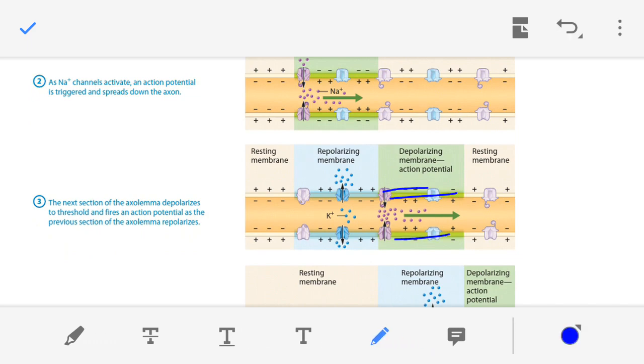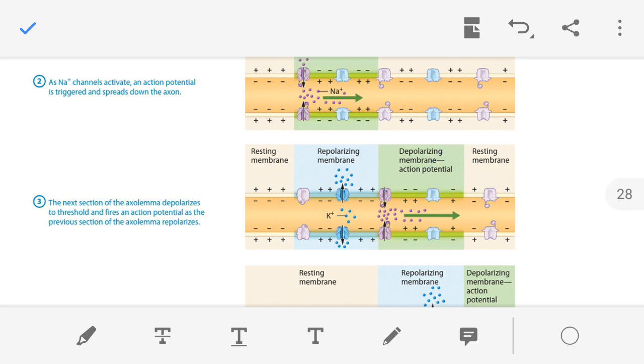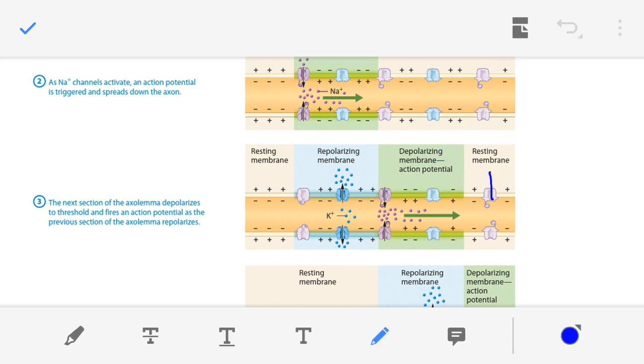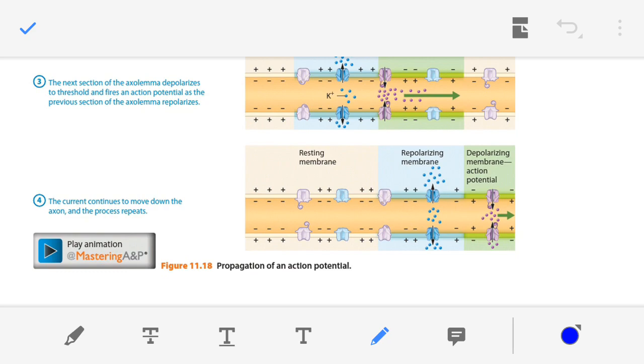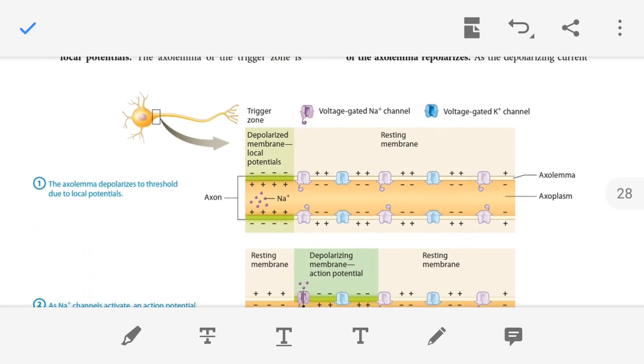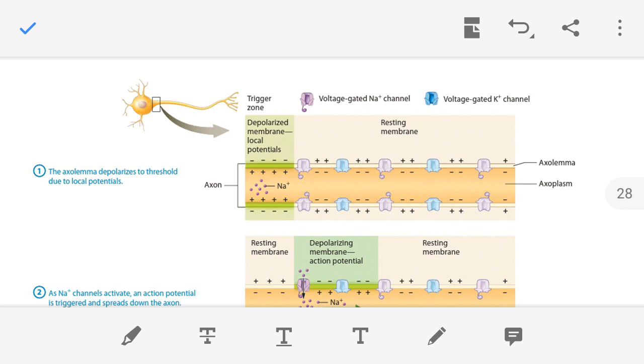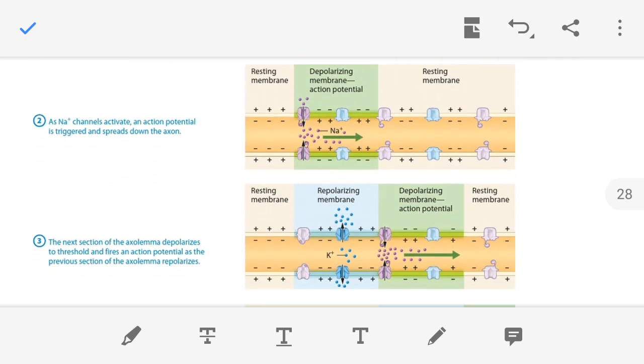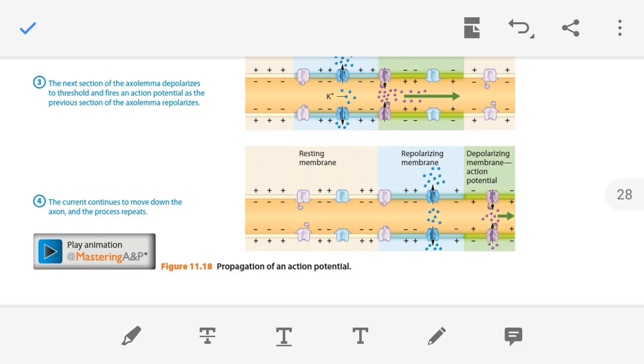Now this depolarized region is going to affect the next region, where the Na plus channels are open and Na plus enters inside, so this portion becomes depolarized. Finally this portion is outside negative, inside positive, due to the entry of Na plus. So this is how the action potential propagates. Okay, 1, 2, 3 and 4, propagation of action potential.